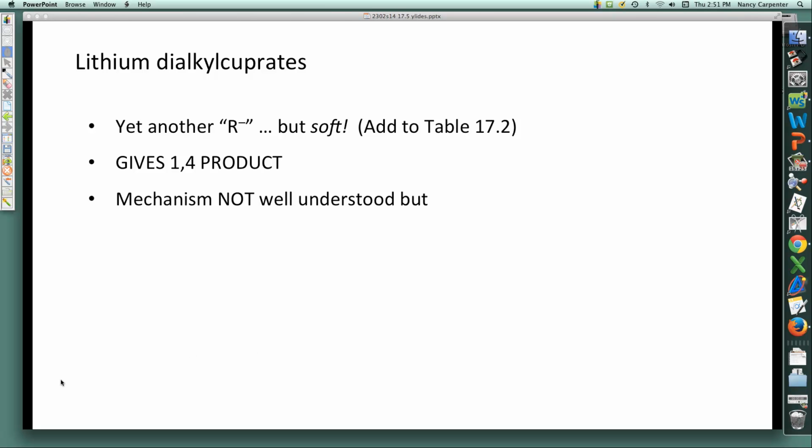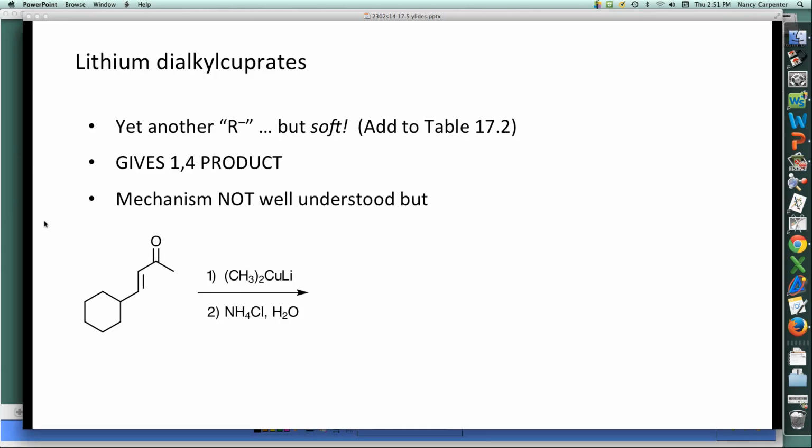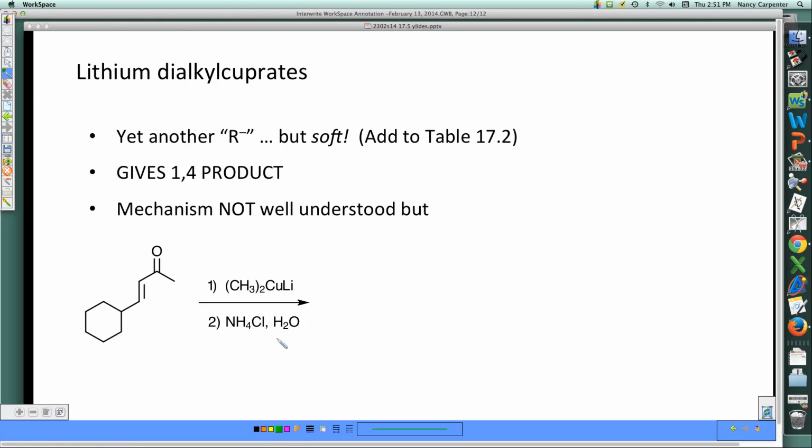The good news is, even though the mechanism isn't well understood, we can do our usual kind of hand-waving cheating thing and say, well, we'll forget about this ion here and call this CH3-, even though it's definitely not the same as CH3MgBr and not the same as CH3Li, but we'll call it CH3- anyway, and consider that it is a soft nucleophile.